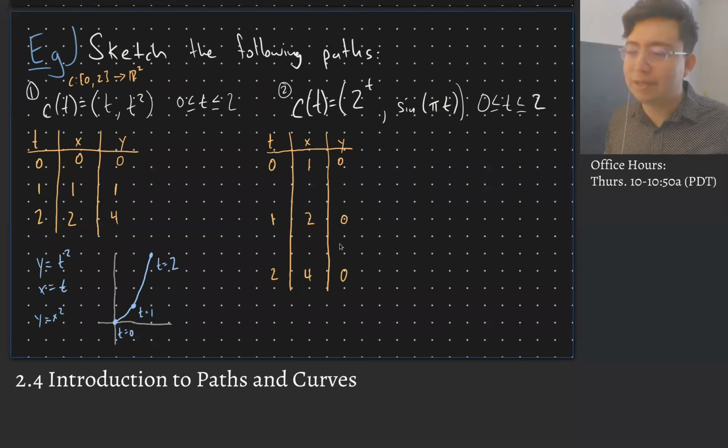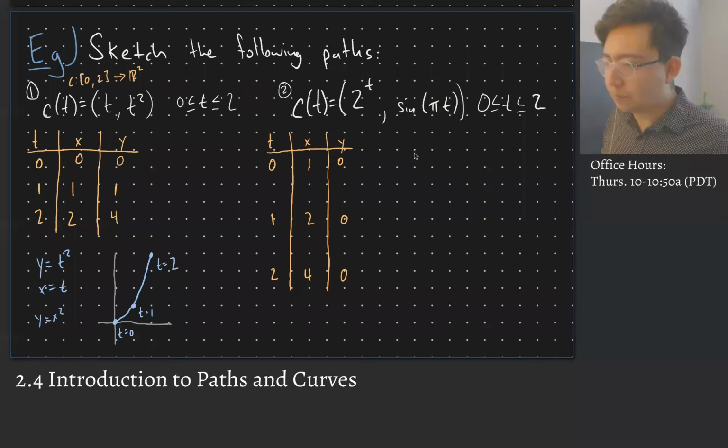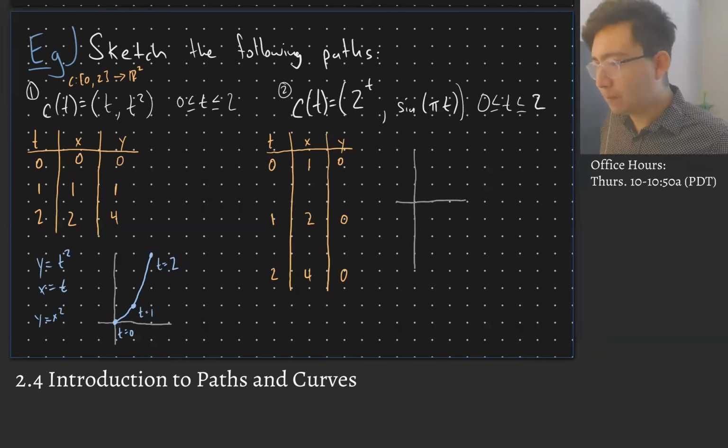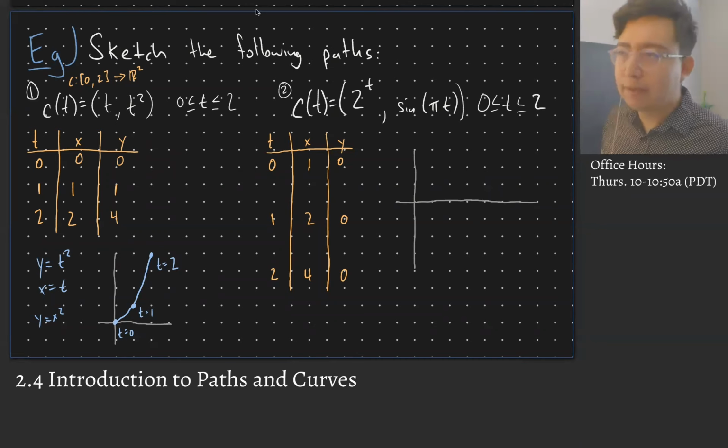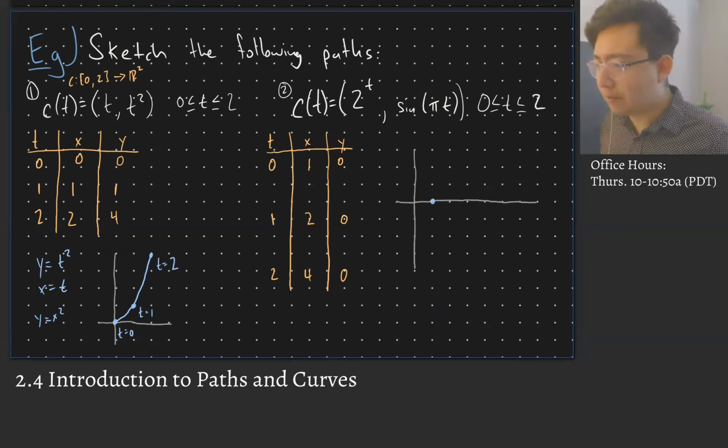So far the y has been 0 in these 3 points, which is why we're going to want to plug in points in between. Because if we didn't know better, right? So let's plot what we see so far. At t equals 0, we're at 1, 0.